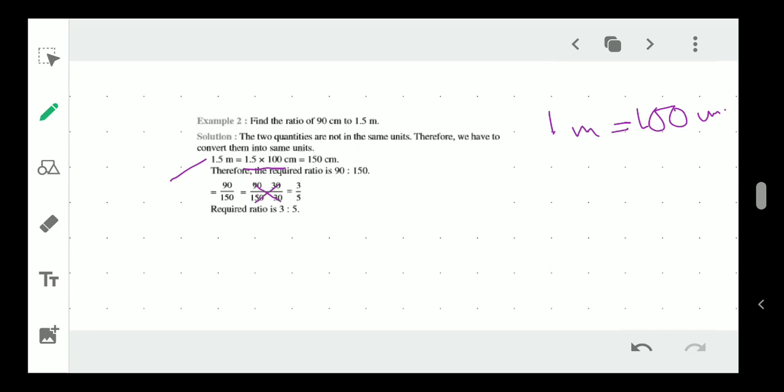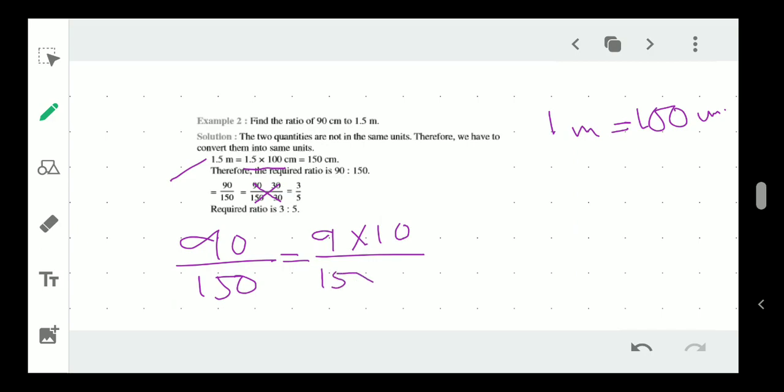Now this you can ignore. You can see that 90 divided by 150. So 90 you can always write as 9 into 10 divided by 15 into 10. Now 10 and 10 are gone, so I can remove them.